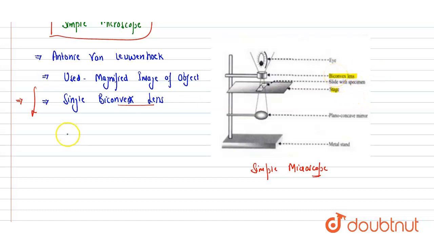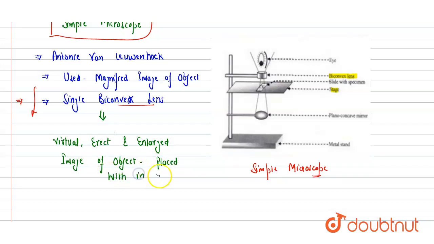The biconvex lens is the main part of the microscope, because it is used to produce a virtual, erect, and enlarged image of the object when placed within the focal length.